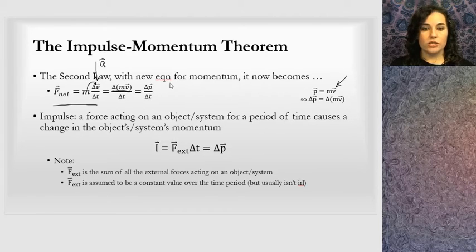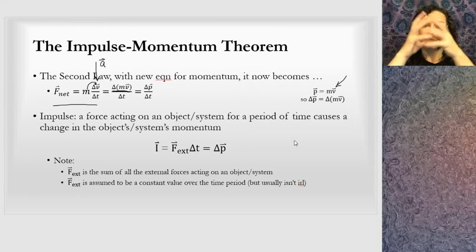So the net force can cause a change in momentum over a time period. So that's where impulse comes from. That's the definition of impulse. When a force is applied over a period of time, it causes a change in momentum. That's the impulse momentum theorem. So what we're going to note here is the external force is the sum of all the external forces on the object or system.